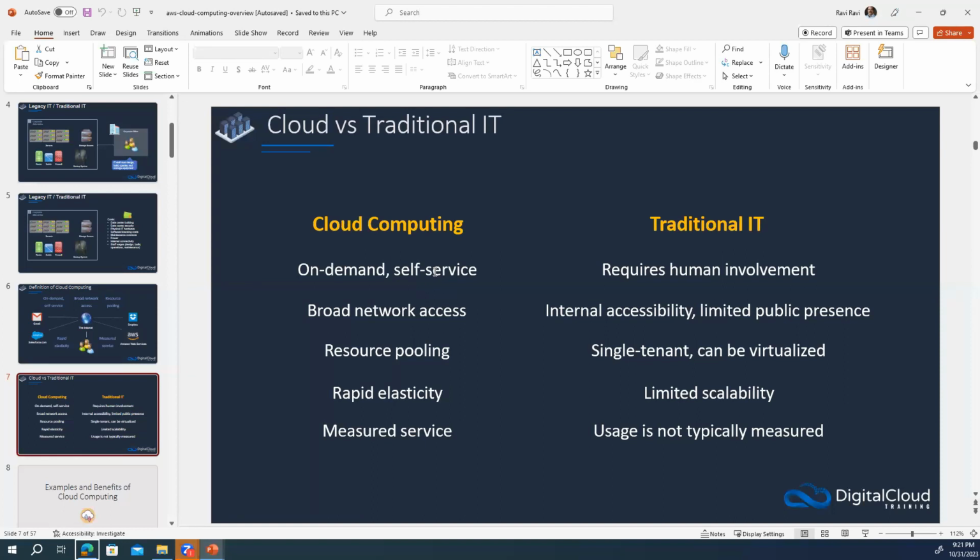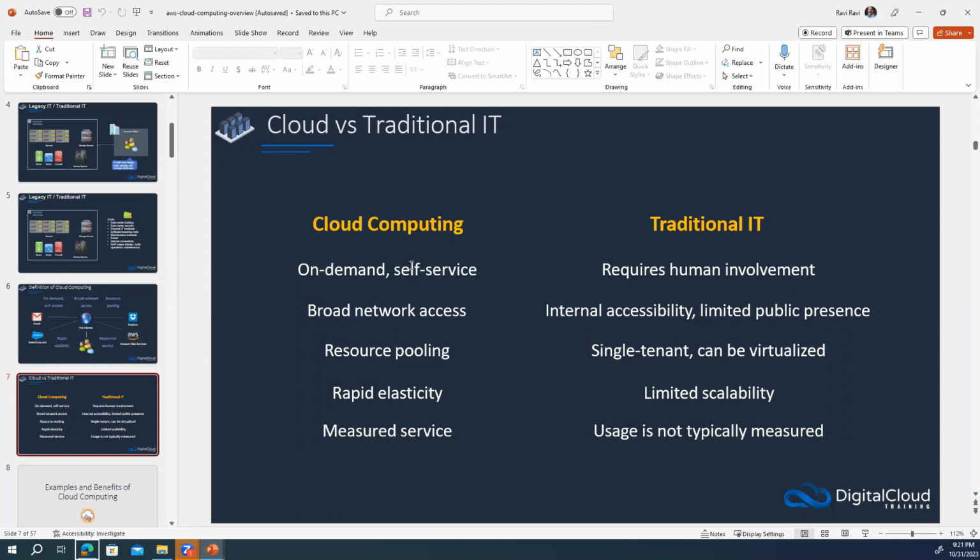Yes, ma'am, we can use it whenever we need. That's it. Like when you're on a railway platform and you want to drink a cup of tea, you go there, order the tea, pay for it, and come back. Those are resources that we can use whenever we want. That is on demand.